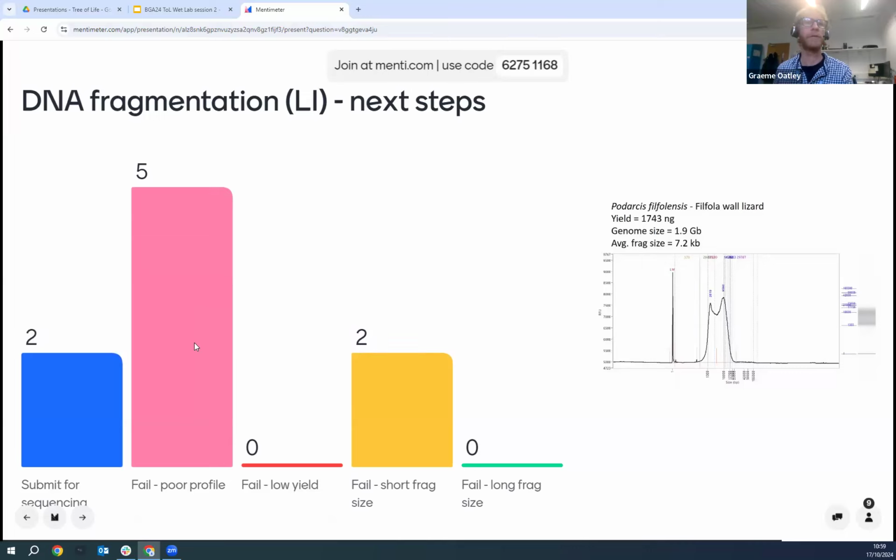So we've got 5 fail for profiles, 2 submit for sequencing, and 2 fail short fragments. 3 submit for sequencing.